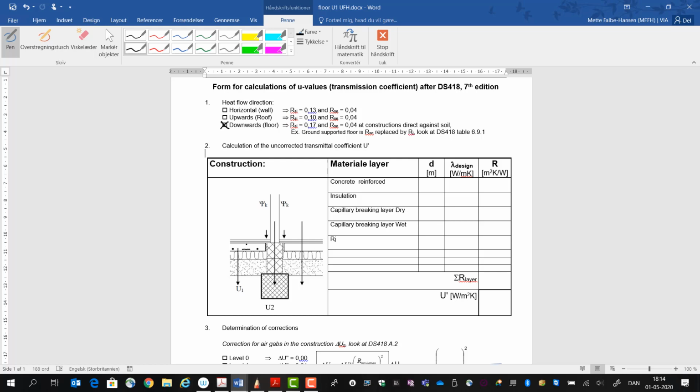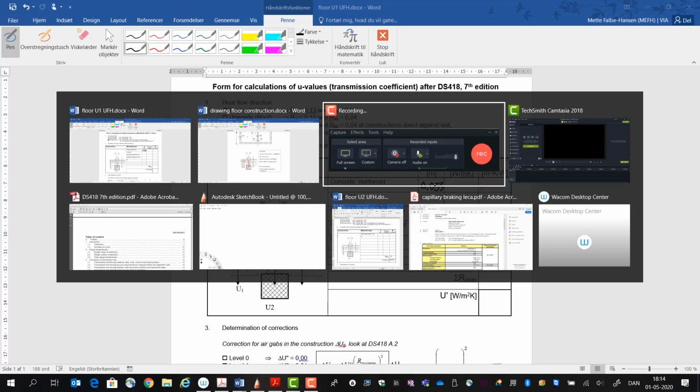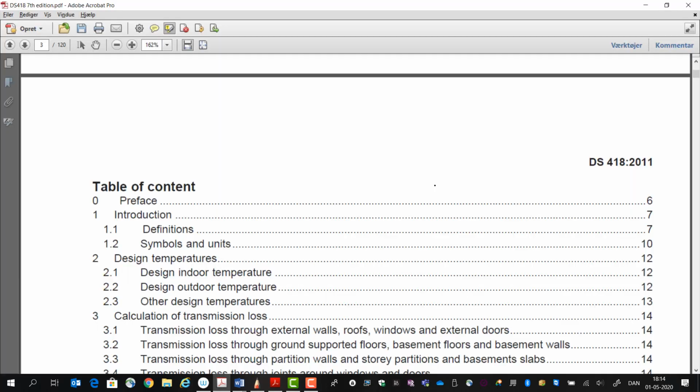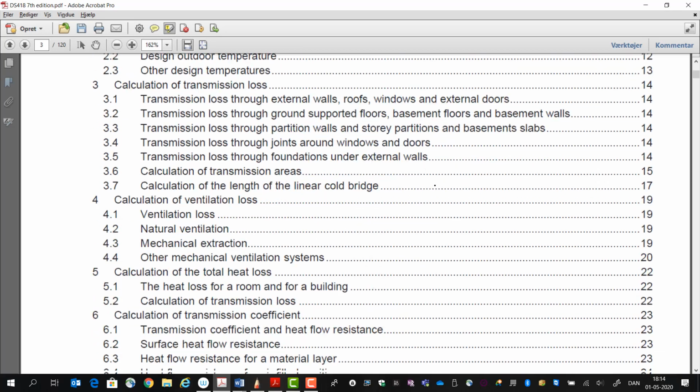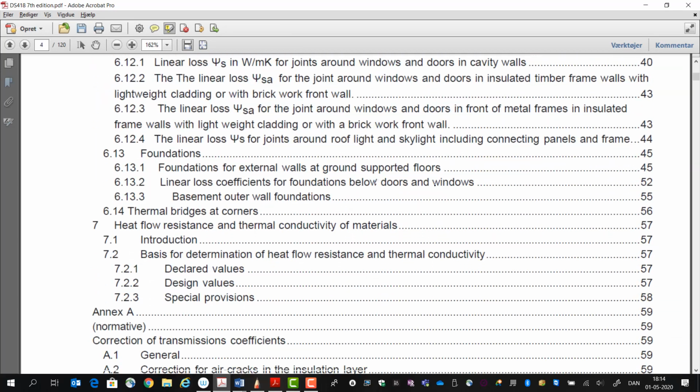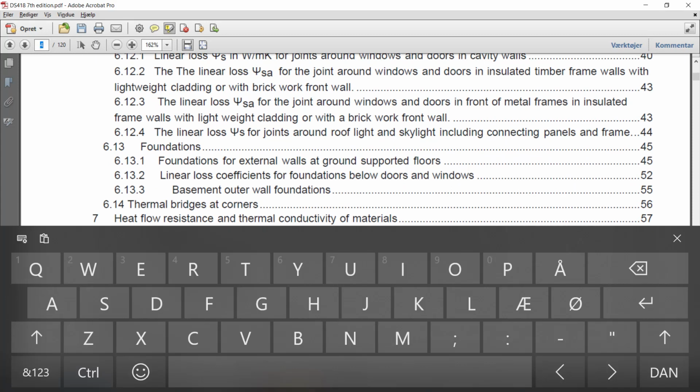The concrete slab is 100 millimeters thick, so that would be 33 millimeters down, so 0.033. Then we need to find the lambda value for that, and we need to look it up in DS 418. So we go to DS 418, then to Annex F, which is at page 80.